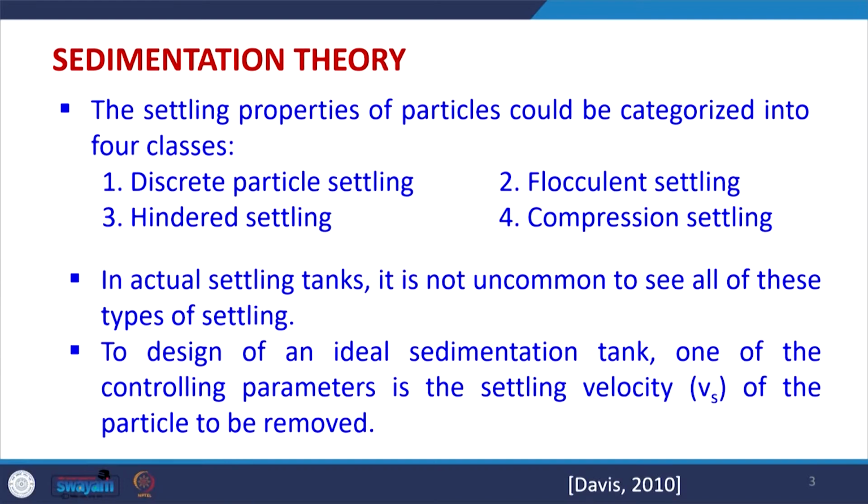The overall settling properties of particles can be classified into 4 different groups. The first is called discrete particle settling. That means the particles are individual particles. Then we have flocculent settling, where some particles come together and settle down.